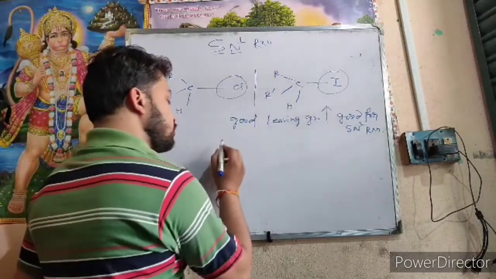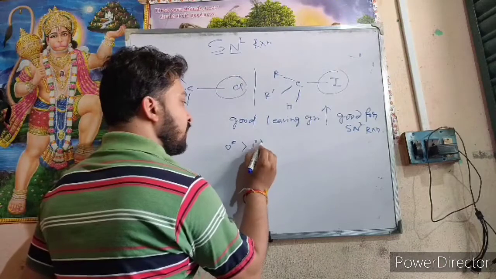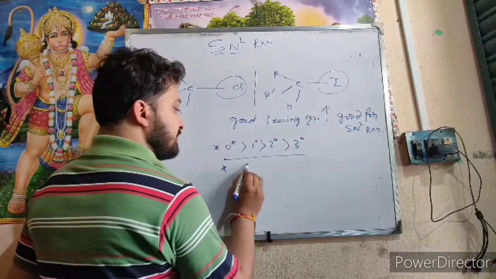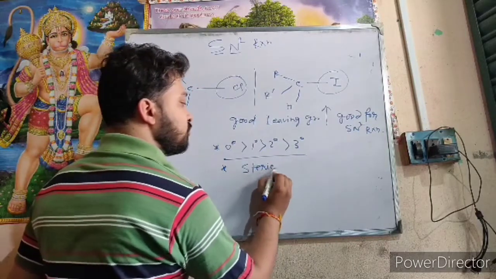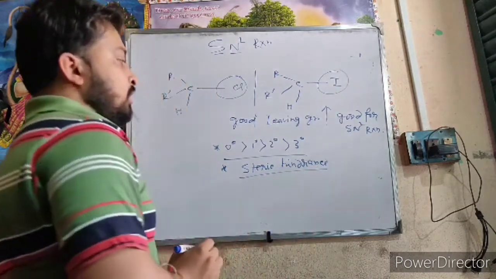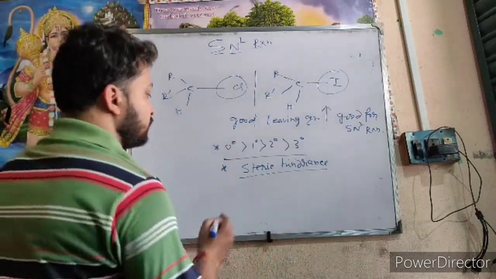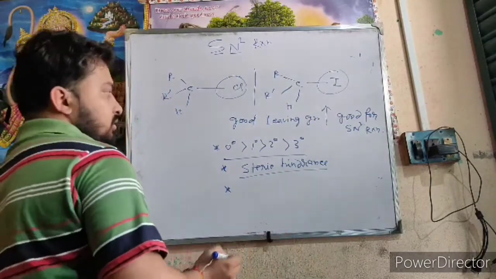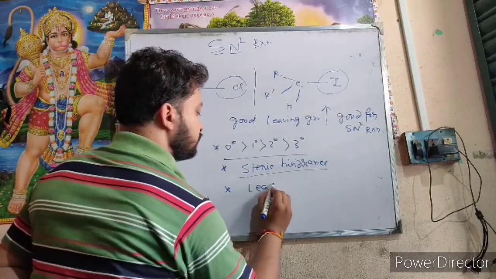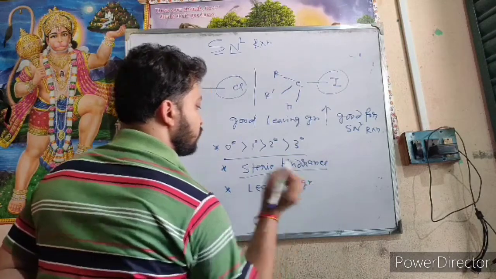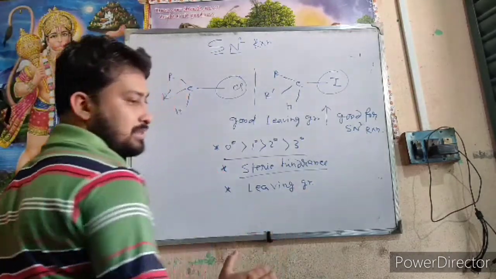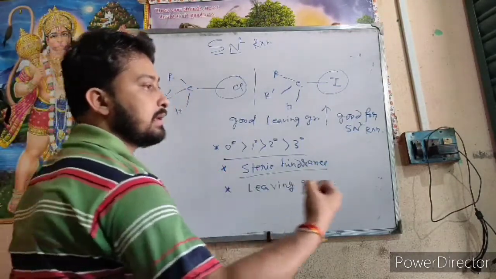So you should look at 0 degree, 1 degree, 2 degree and 3 degree, as well as steric hindrance. Where the steric hindrance is more, the SN2 reaction is weak, and you should look at the leaving group. Good leaving group means the bond length is high.